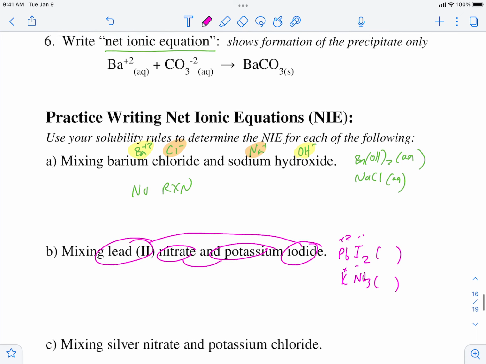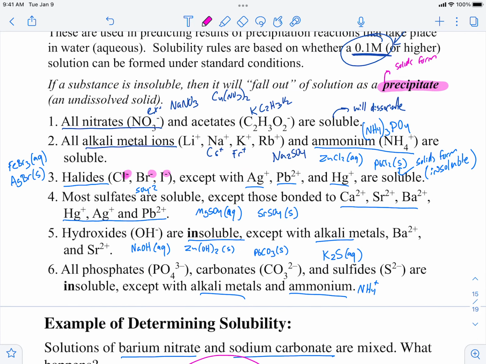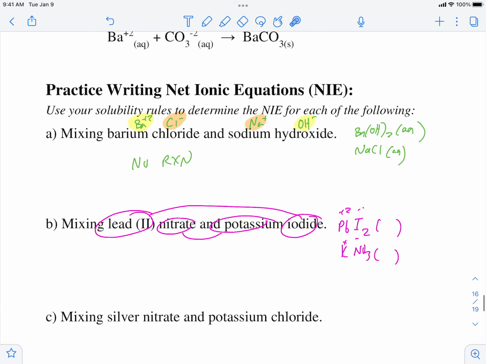Well, what rule are you looking at? Never mind. It should be insoluble because of Rule 3. Okay, so iodine, it's right here. It's a halide. All right, iodides are soluble except for these three. And so this is actually the one we're working with right now. So this is an exception to the rule, which says it is not soluble, right? So it will be marked as solid. Okay?